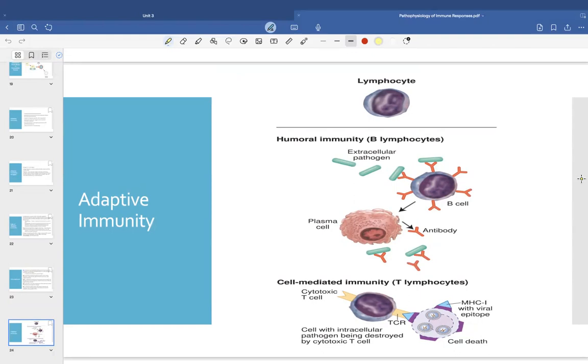They can stimulate complement, they can bind with complement and lead to lysis. They also become your plasma cells, which produce antibody. Your T cells, you have cytotoxic, you have regulatory, and you have your T helpers. So you have helpers, killers, and regulatories.